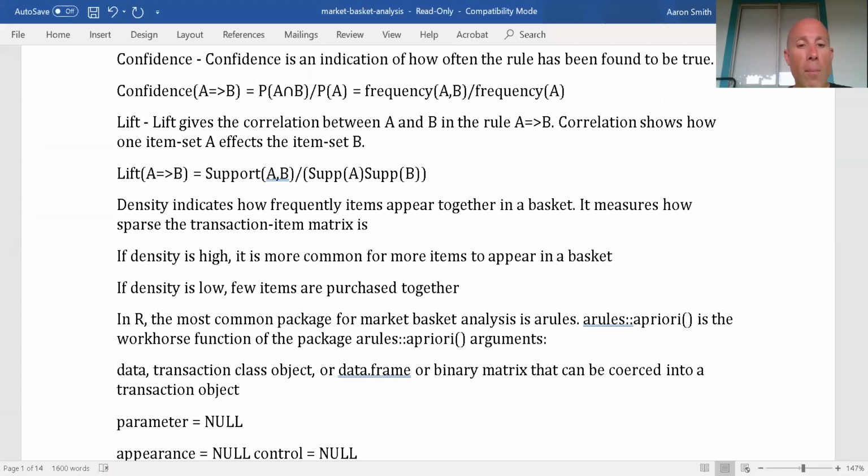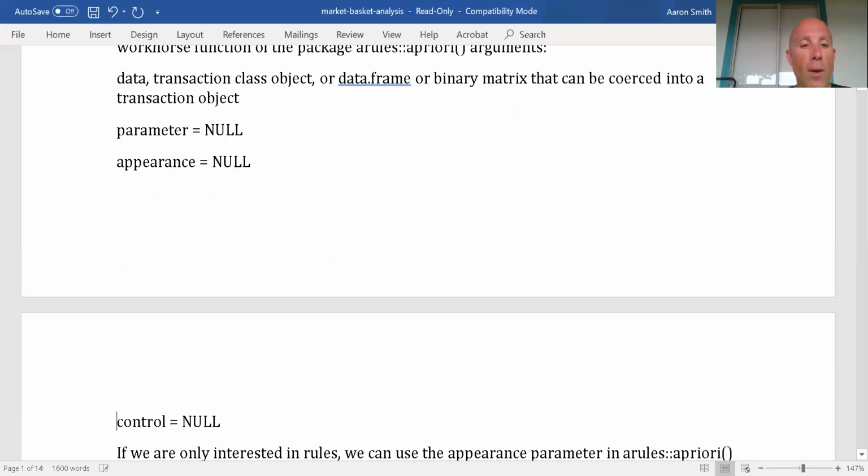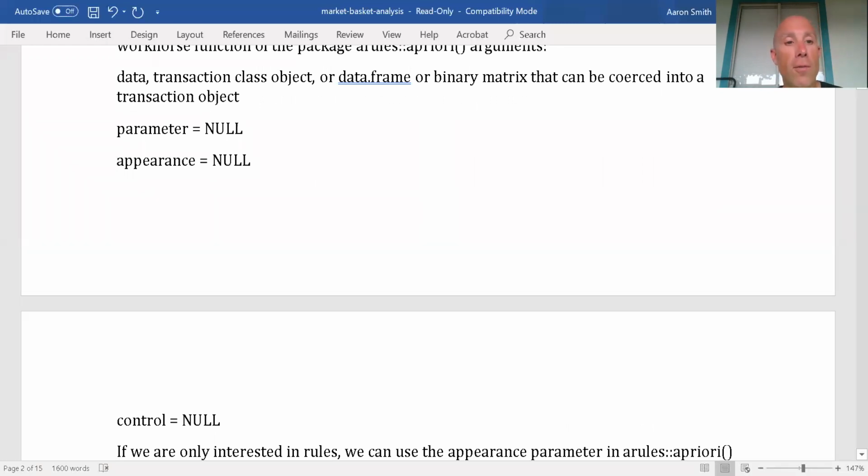We also have parameter, appearance, and control, which are things we can plug into the function, and we'll talk about these when we get to the function itself.